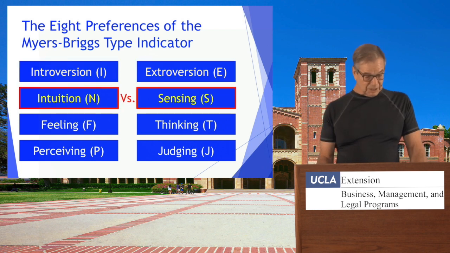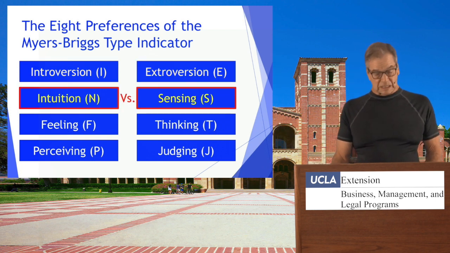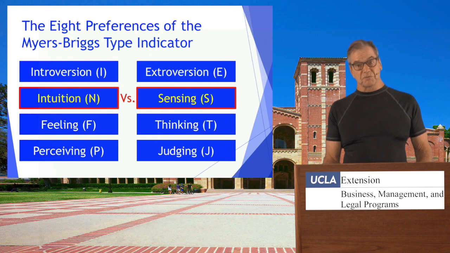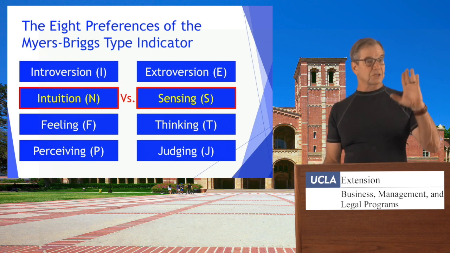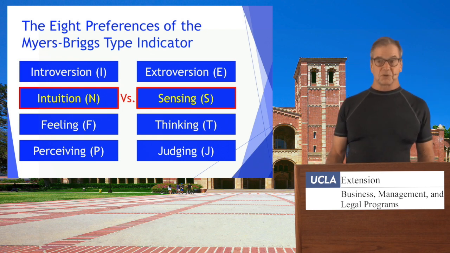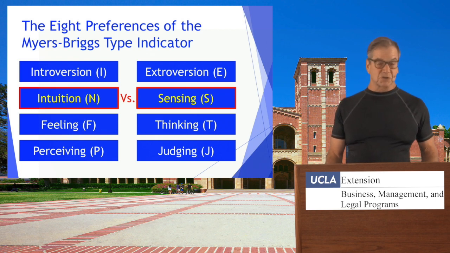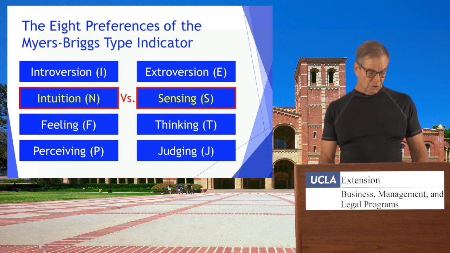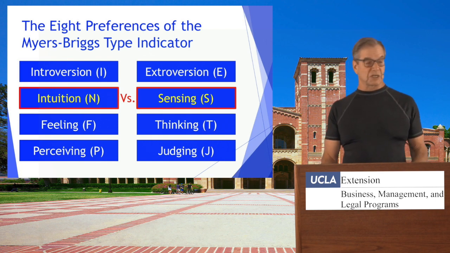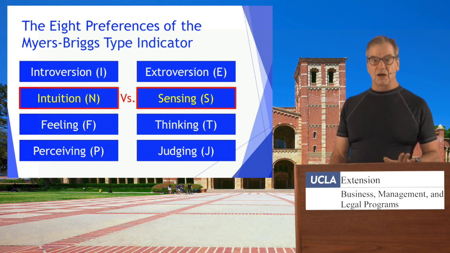The next dichotomy is intuition versus sensing. The intuitive person peers into the future, thinks in the abstract, feels comfortable with a gut feeling, whereas a sensing person tends to focus on the concrete of the here and now.